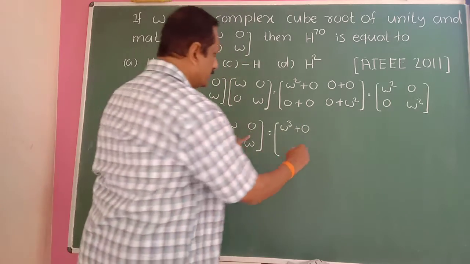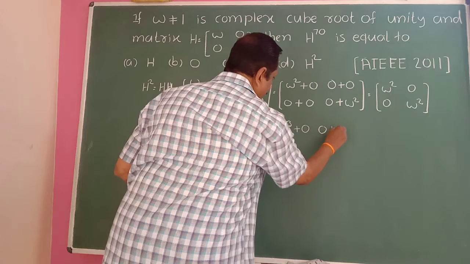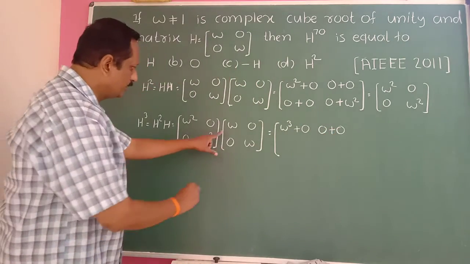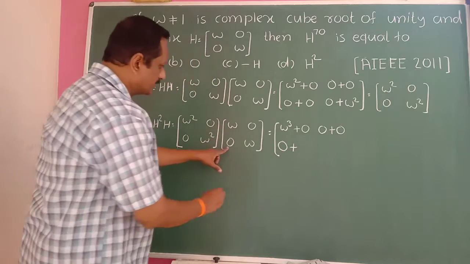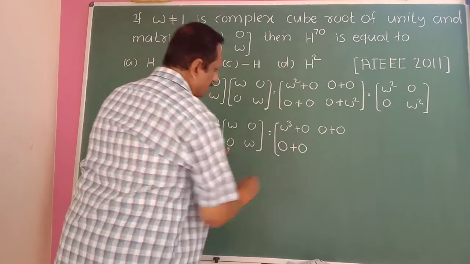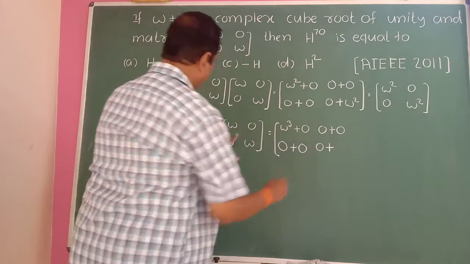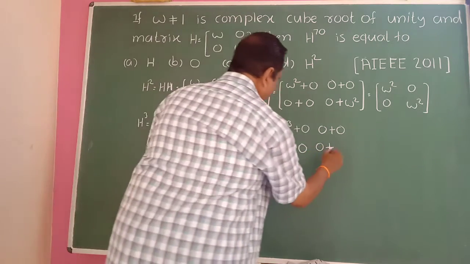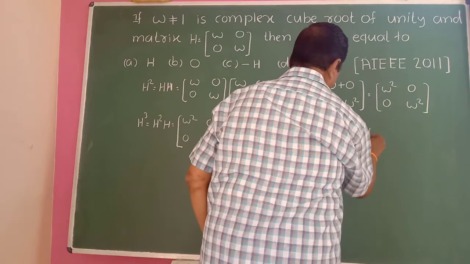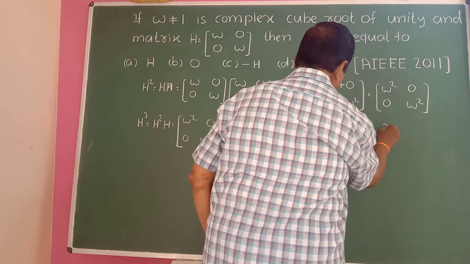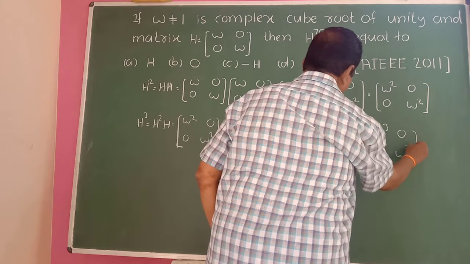Omega square into 0 is 0, 0 into omega is 0. 0 into omega becomes 0, then plus omega square into 0 is 0. Then 0 into 0 becomes 0, then plus omega square into omega is omega cube. Hence this is equal to omega cube 0 0 omega cube.